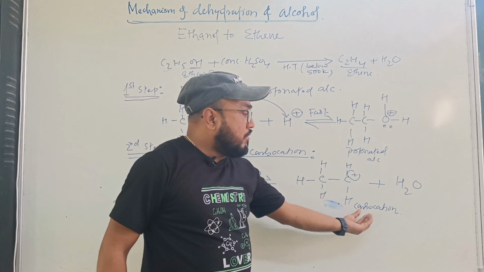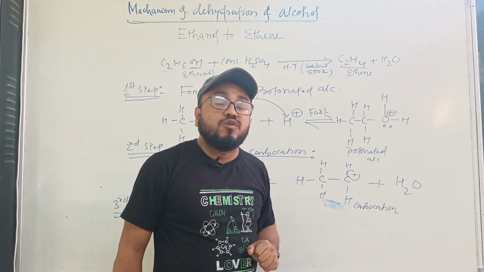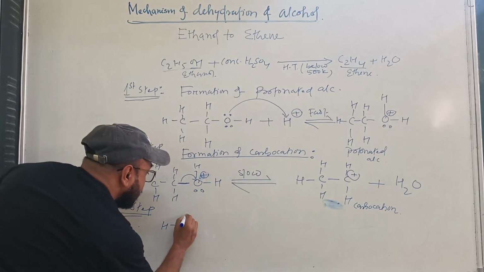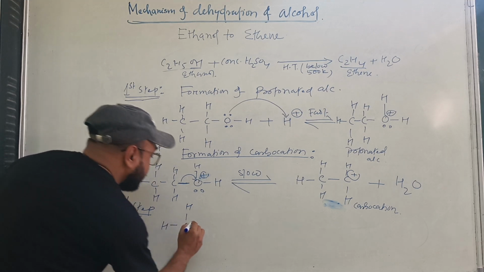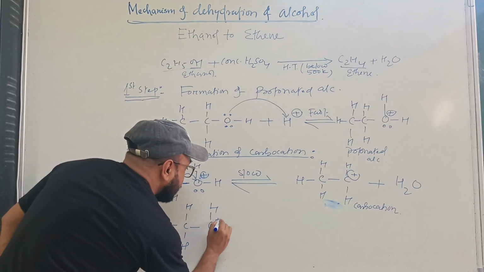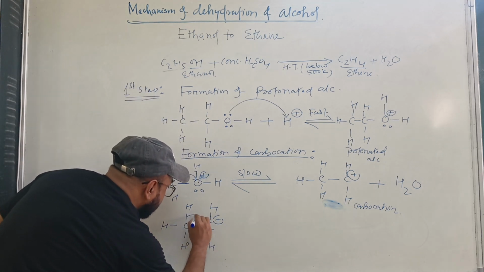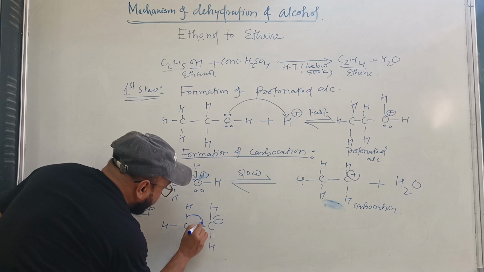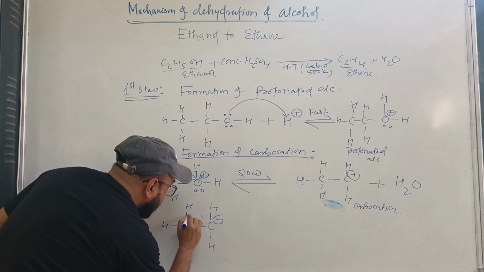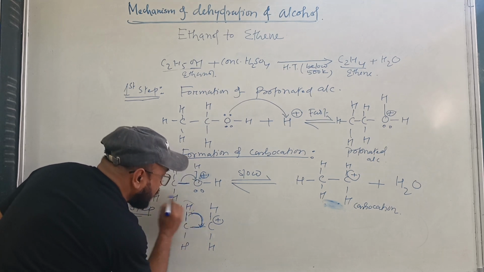And last, the final third step. From this carbocation we can easily form ethene by the elimination of a proton. Let's see the third step. This is the carbon-hydrogen bond, and this bond moves here by the elimination of this proton.